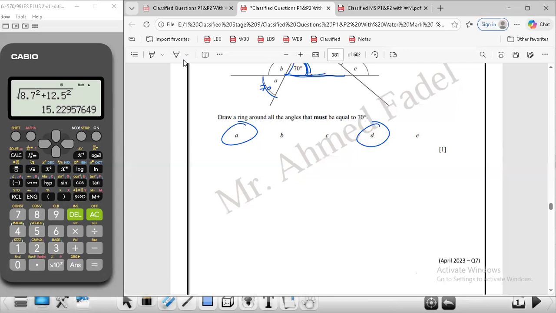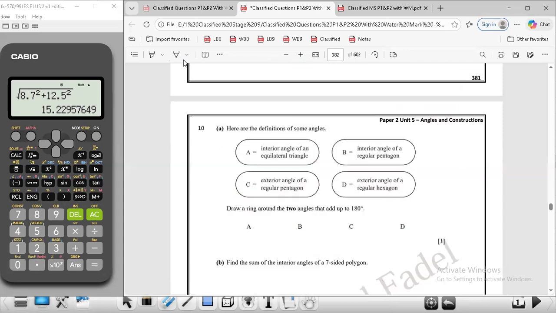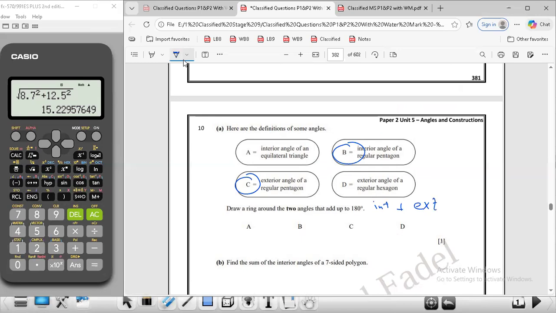Let's continue. Draw a ring around the two angles that add up to 180 degrees. You're going to find angle C and angle B. Why, mister? Because interior angle of a regular pentagon and exterior angle of a regular pentagon, both of them, we learned before that interior plus exterior add up to 180 degrees.